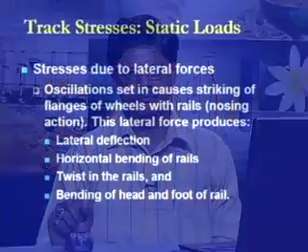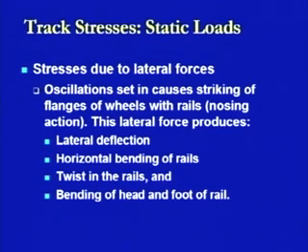Because of this action, the oscillations or the sways, different things will happen. There is a lateral deflection caused by this oscillation. There can be horizontal bending of the rails. This is another important thing because this may create some failure conditions.